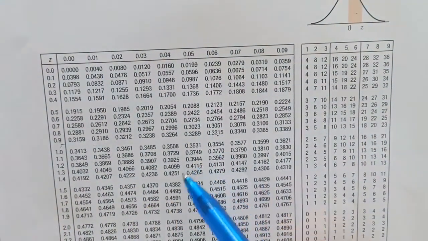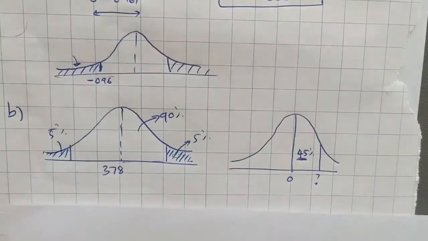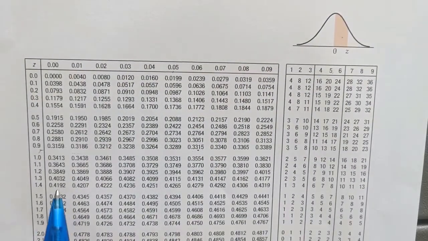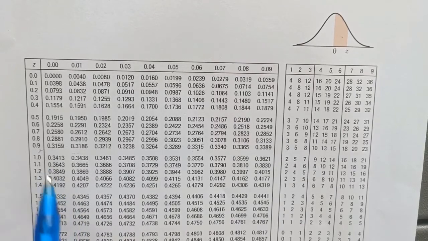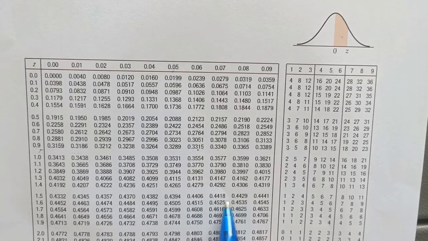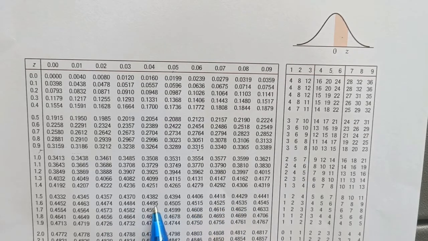So what you have here is, we're looking for 0.45, so I'll go 0.45, there, 0.449, 0.45 will lie between those two numbers.